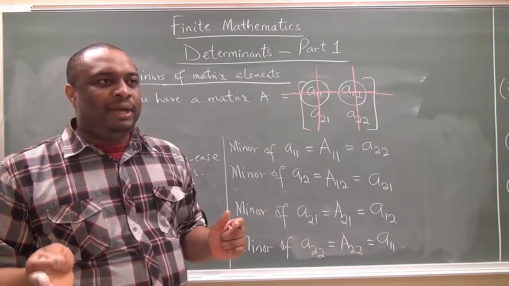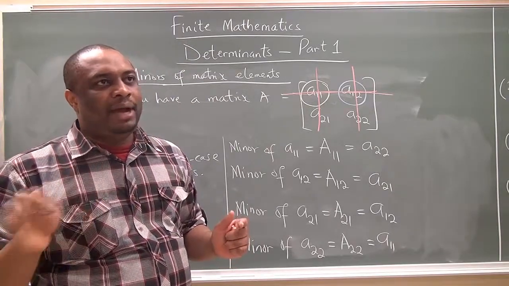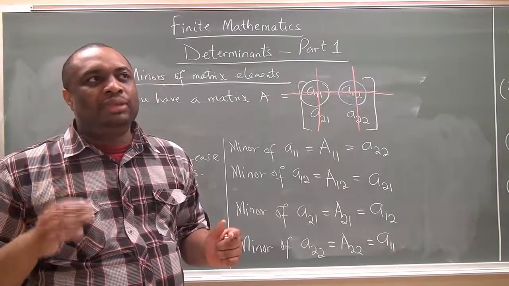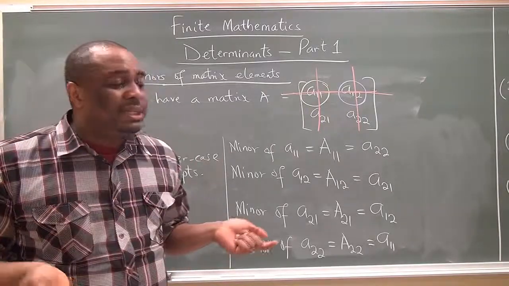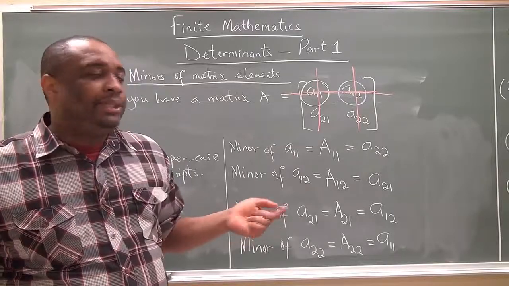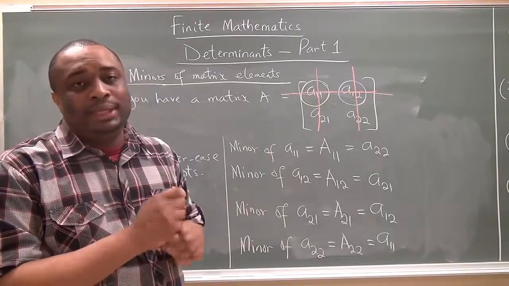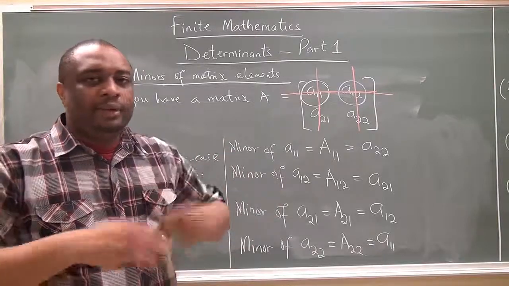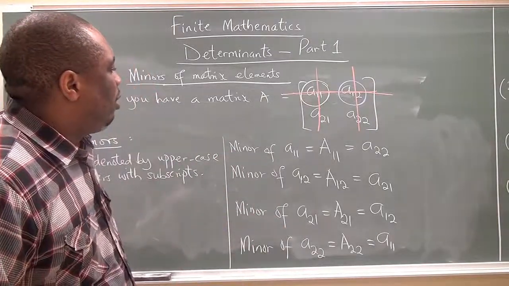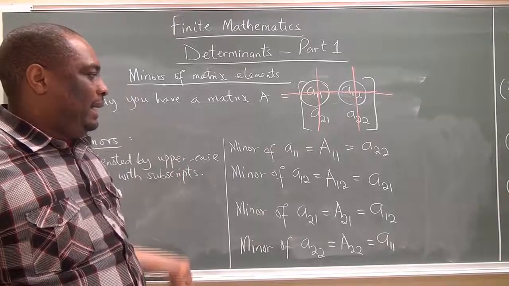Okay? Now, this is the same principle we shall use for a 3 by 3 matrix, and you will see how we do it. For 3 by 3, for 4 by 4, 5 by 5, it is the same principle. All right, so we have found the minors.